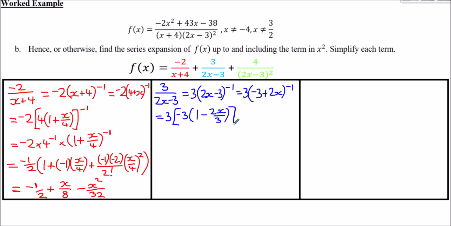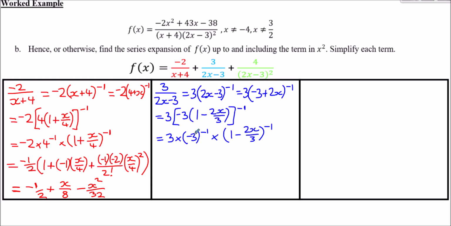So we have all of that to the power of negative 1. So we've got 3 times minus 3 to the minus 1 multiplied by 1 minus 2x over 3 to the power minus 1.